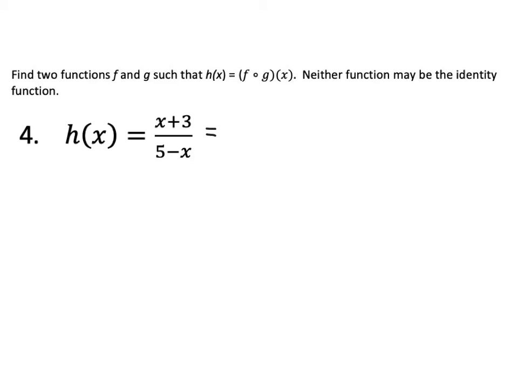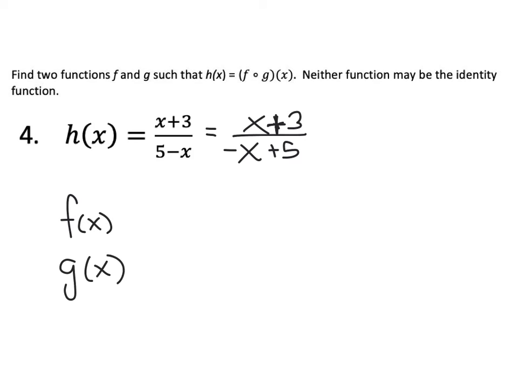Okay, so check out h of x here. One thing I notice is you might want to rewrite the denominator as negative x plus 5, and on the top you got x plus 3. All right, so what are we going to do for f of x? So if I made the top just be x, and the bottom, if I made this negative x plus 11.